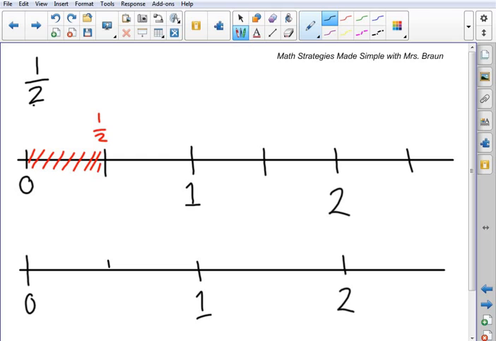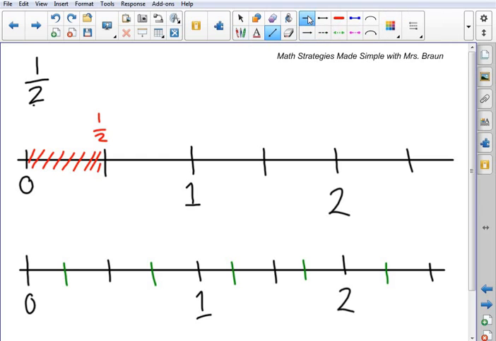If you want, you can even go ahead and put the half marks there, because the strategy that we're going to do is look at this. We can partition each of those half pieces into smaller equal-sized pieces to represent a different fraction. So I'm going to go ahead and partition each of these all the way across.